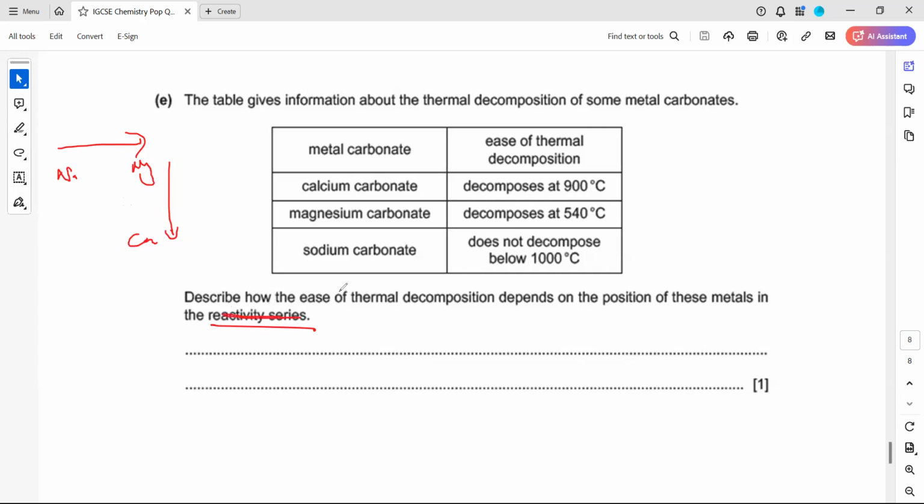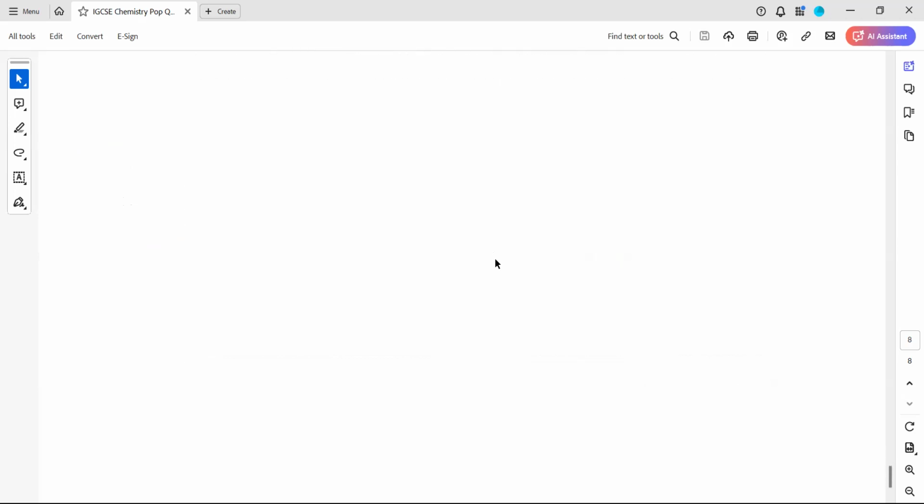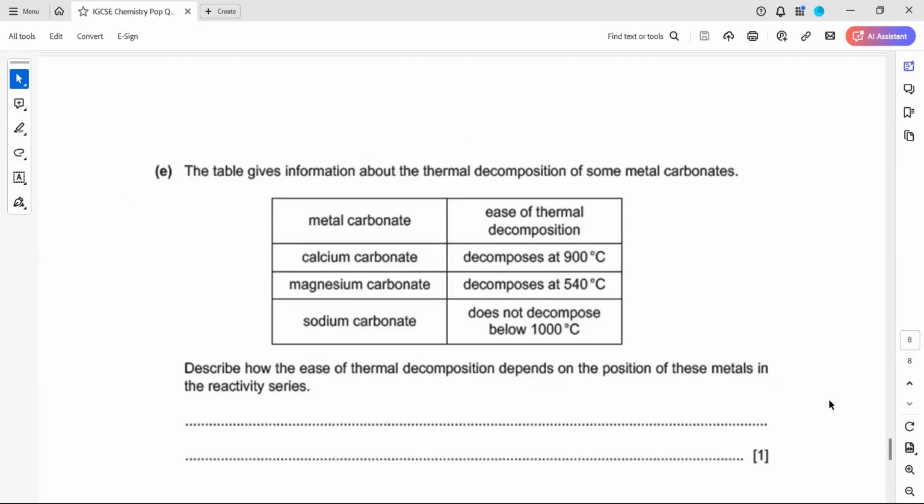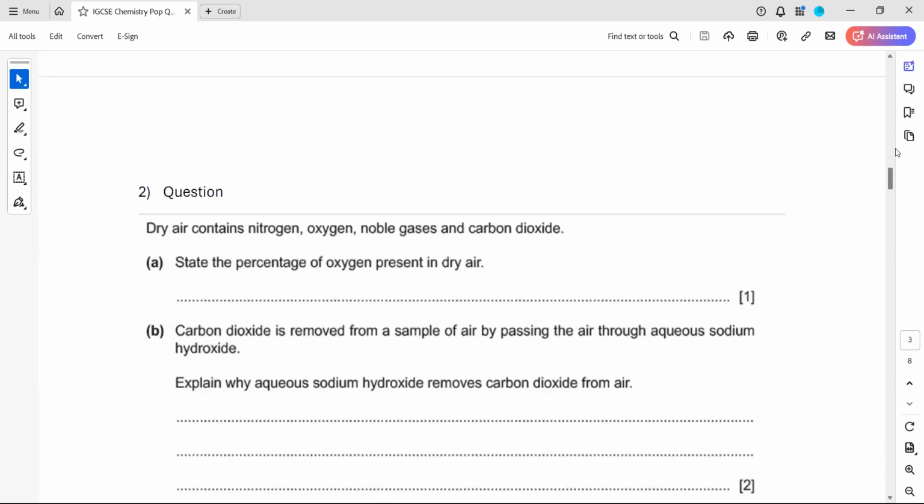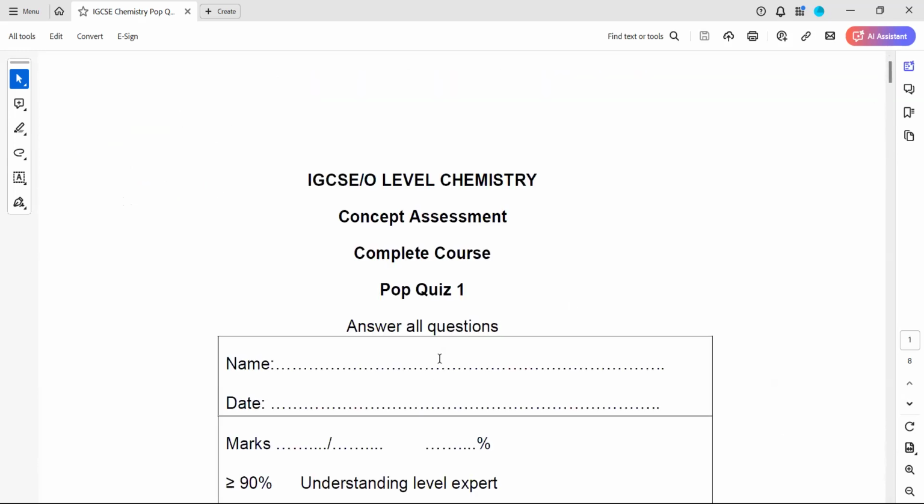If it was only written, describe how the thermal stability depends on the position of these metals, and the reactivity series was not part of it, then you can refer to the period and the groups. You're not supposed to learn the reason in IGCSE; in A levels, you will learn the reason why the thermal stability decreases as we move across and increases as we move down.